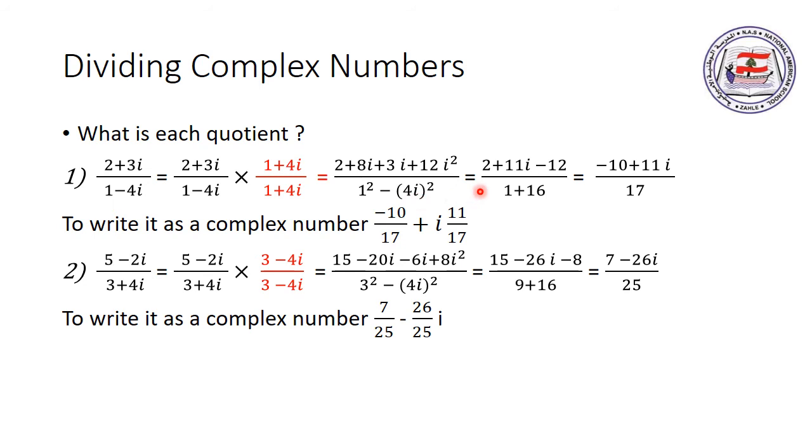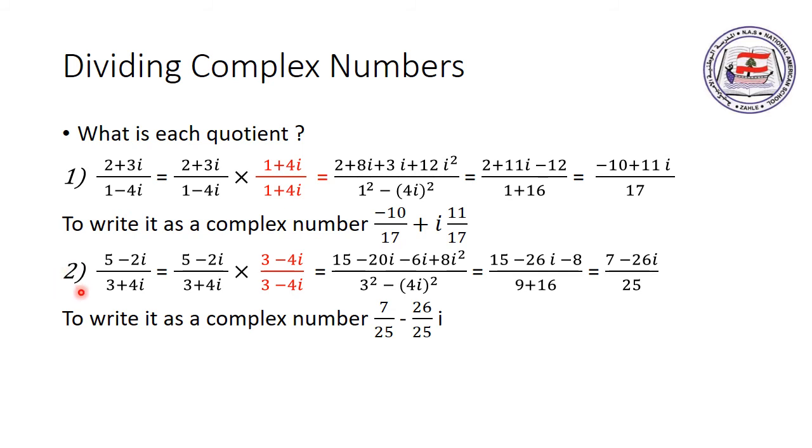It gives 2 plus 11i minus 12 over 17. Writing this quotient in a complex number form, it's minus 10 over 17 plus i 11 over 17, where minus 10 over 17 represents the real part of this number and 11 over 17 represents the imaginary part.